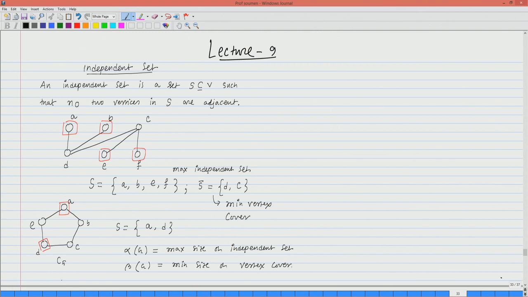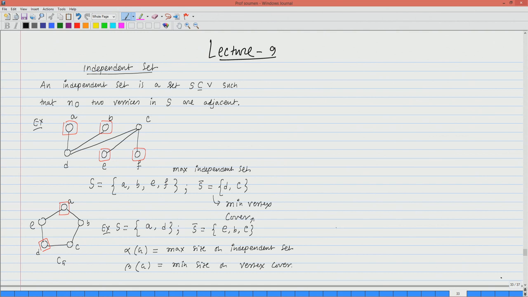Whereas, for the other example also you can see that S complement is equal to E, B and C, and this is also a minimum vertex cover. Okay.